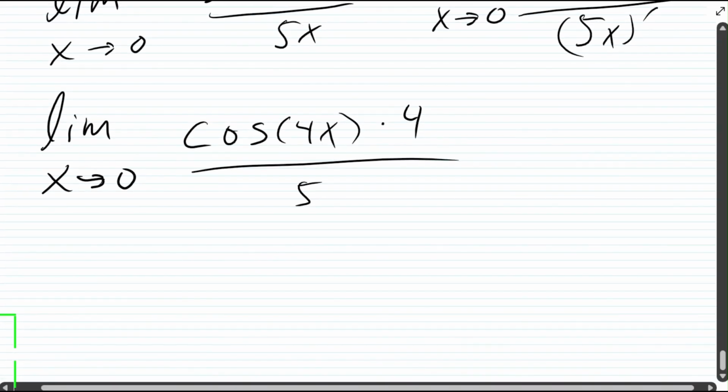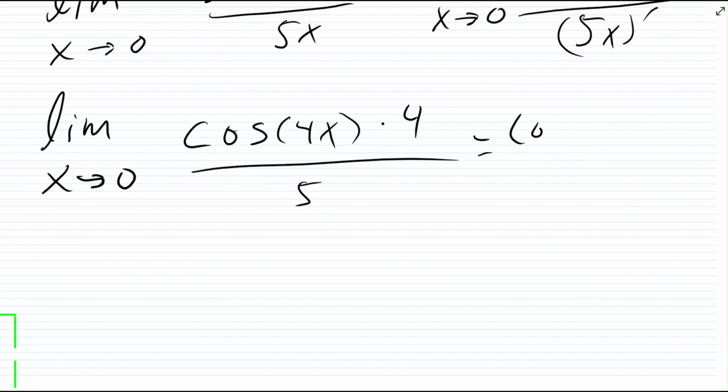Right? So we can try to substitute the value of x. We'll have cos of 4 times 0, times 4 over 5.